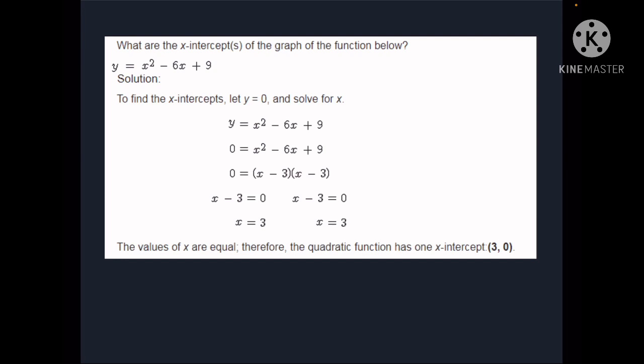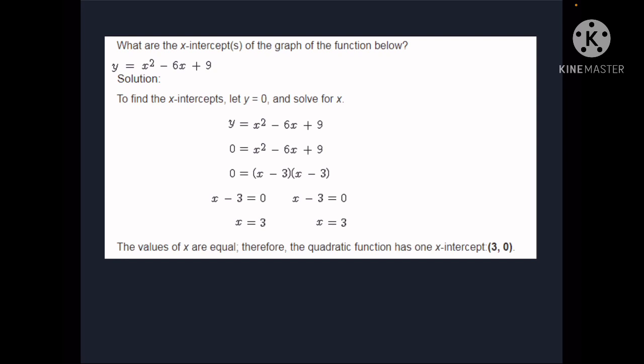Then we will substitute y with 0, so our equation will be 0 equals x to the power of 2 minus 6x plus 9. Then we need to factor the equation, which will make it 0 equals (x minus 3) multiplied by (x minus 3).